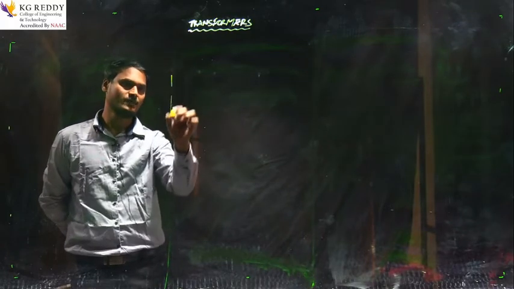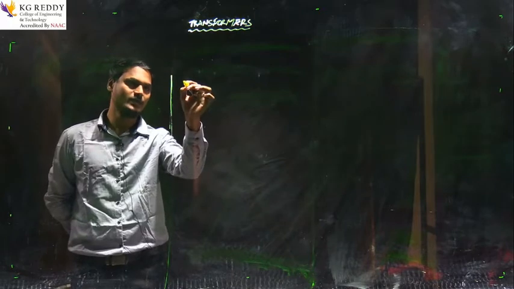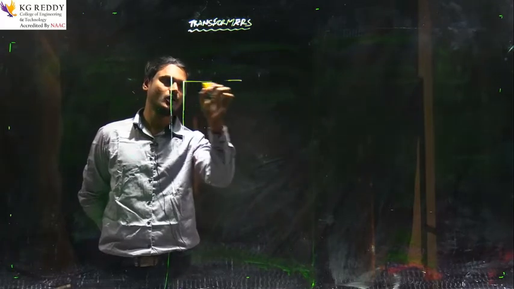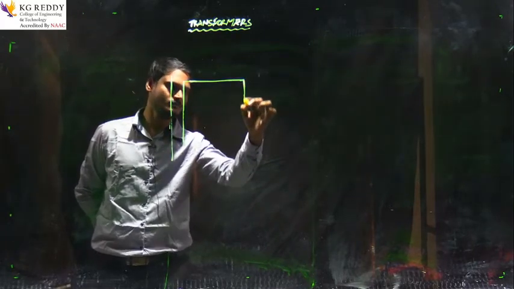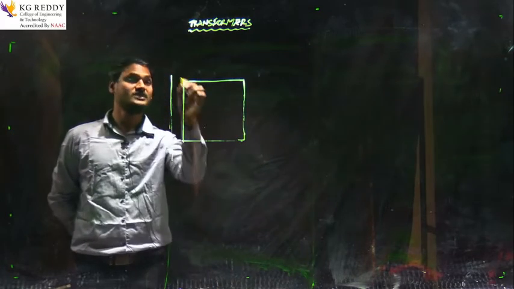and magnitude. If you look at the general representation of the circuit, it has the primary winding and the secondary winding, and it has the magnetic core to transfer the power. There should be some medium, right?